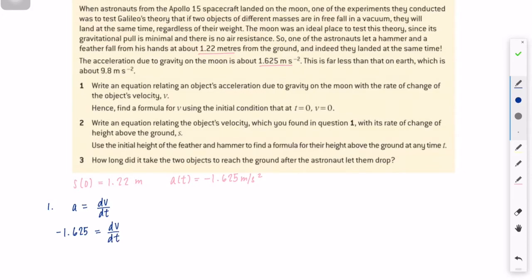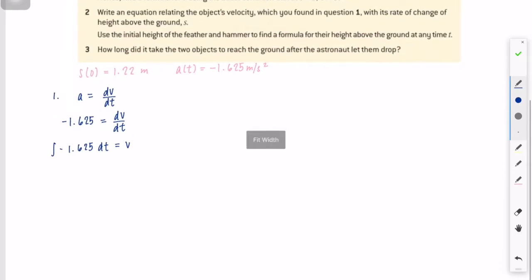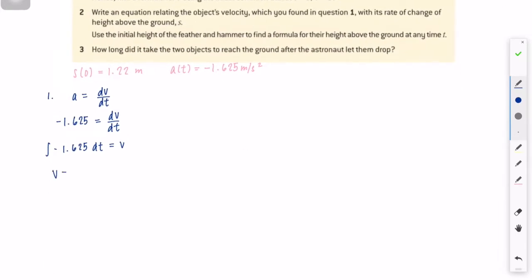In order to find an expression for v, I need to get rid of the so-called derivative, so that means I must be integrating. When I do this, I will have v equals negative 1.625 t plus the constant c.